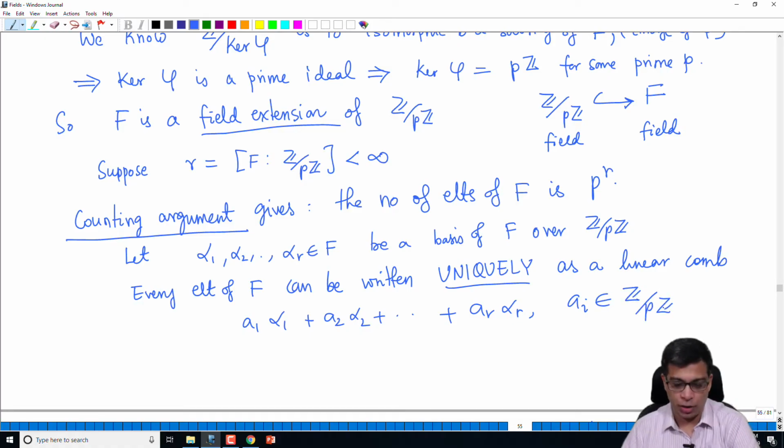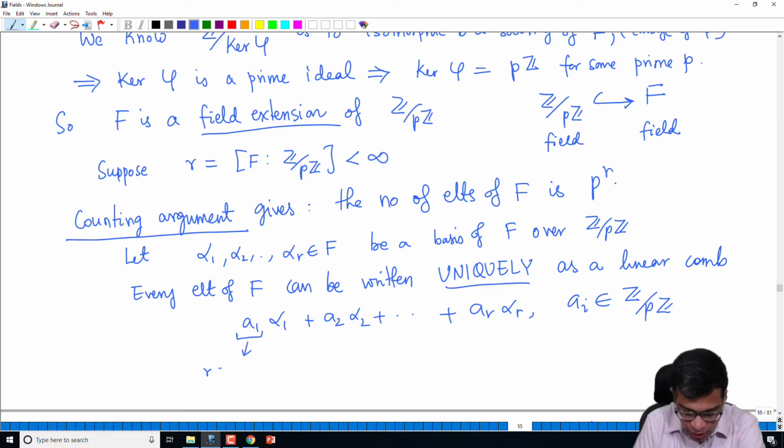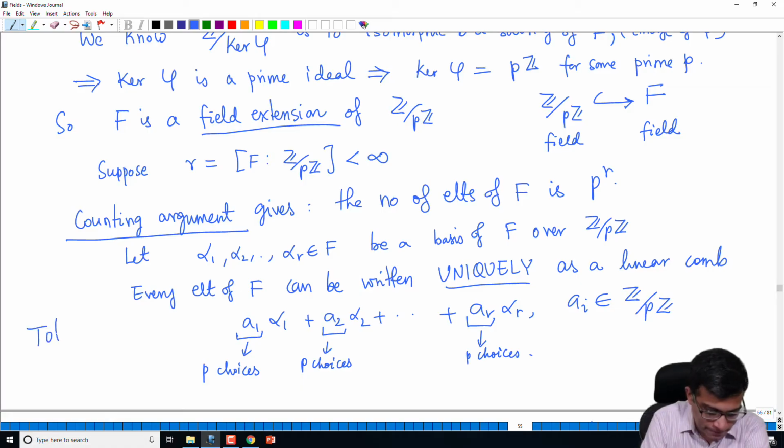Now this is where the counting comes in. So essentially the choices come from how many choices we have for a1. So these are p choices, right? Because a1 can be any of the p elements of Z mod pZ. Similarly, you have p choices here. Similarly, you have p choices here. So totally p times p times p, r times, so p power r choices.